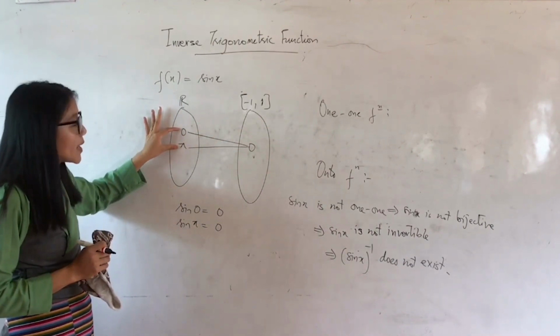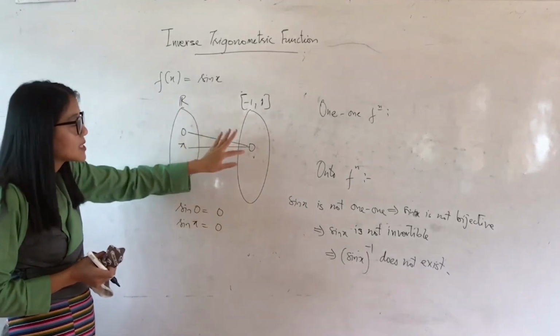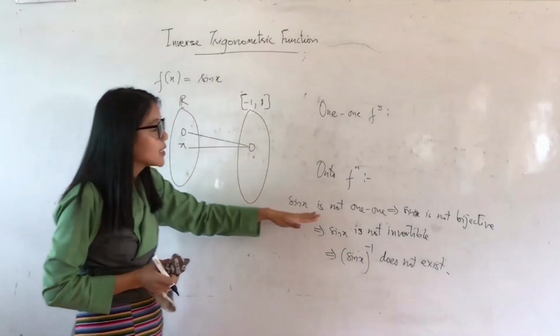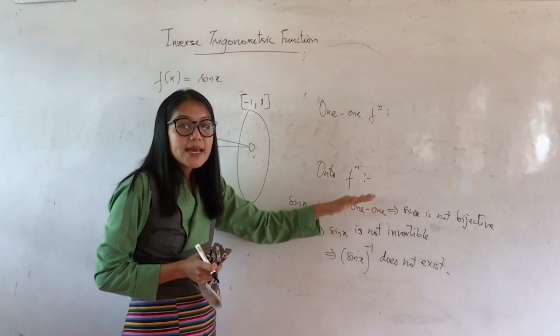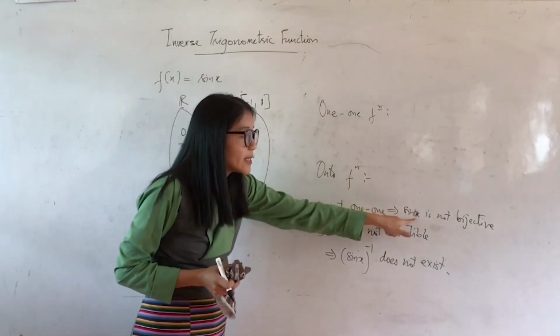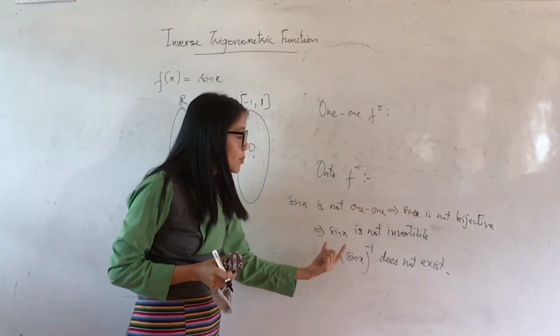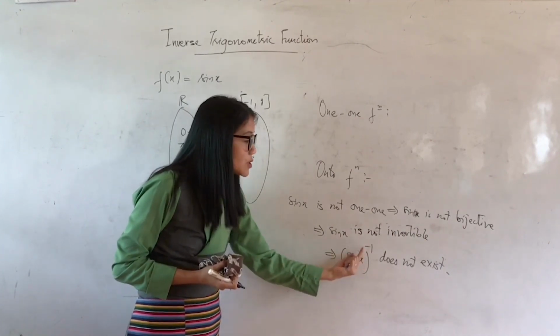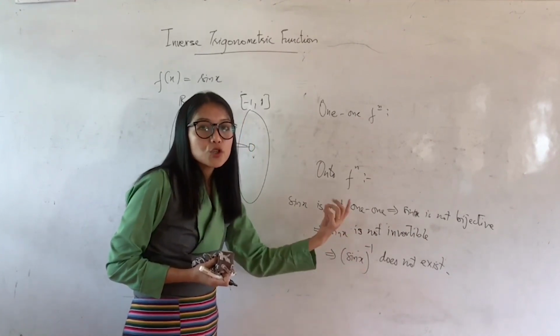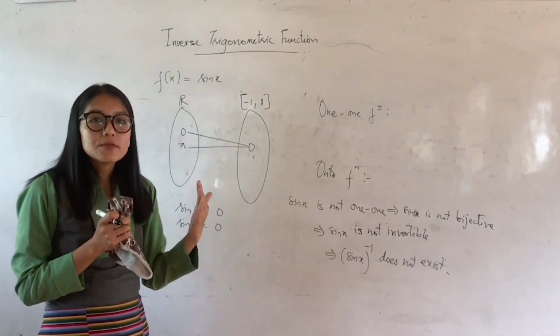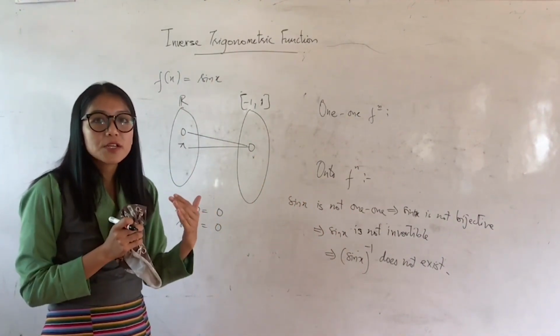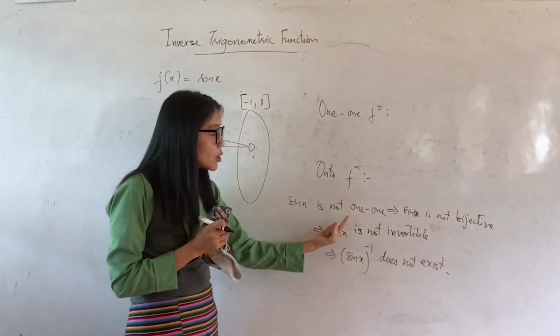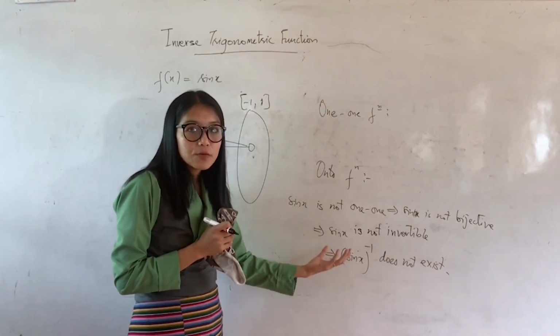Here we have 0 and pi, two distinct elements, but they have same image. So this shows that sine is not a 1-1 function. If sine is not 1-1, sine is not bijective. If sine is not bijective, sine is not invertible. Hence, we cannot find the inverse of sine. The inverse of a function exists only when the function is bijective. So since sine is not bijective, we cannot find the inverse.